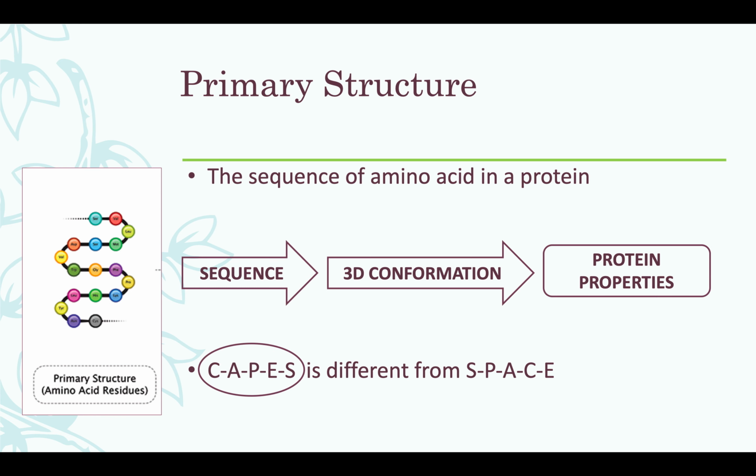So let's have a representation. Recall that the N-terminal amino acid is listed first. This peptide is different from this other peptide, even though they have the same number and kinds of amino acids. And why is that? Because they have different amino acid sequence. Magkaiba yung pagkakasunod-sunod nila.